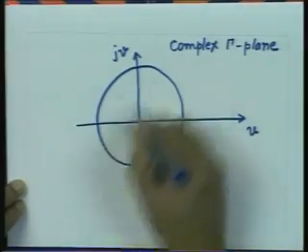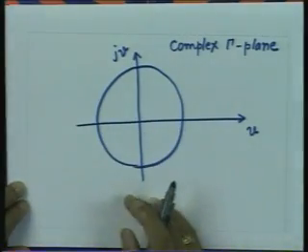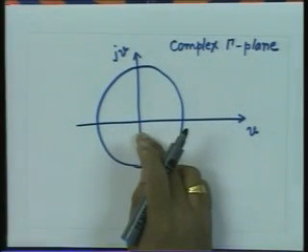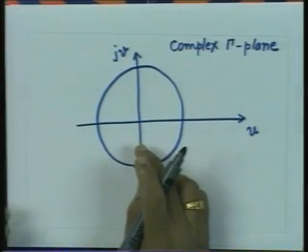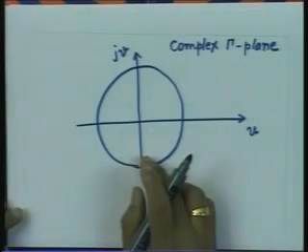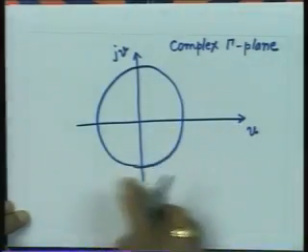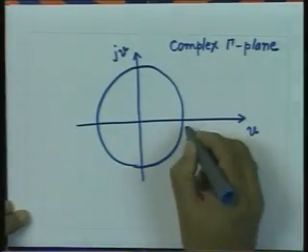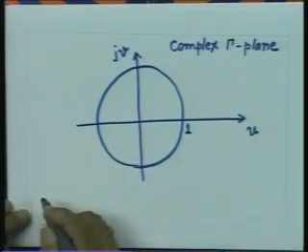Any point I take within this circle will have a corresponding passive load value, or if I take any passive load value, it will have a corresponding reflection coefficient point inside this unit circle. Its radius is equal to 1.